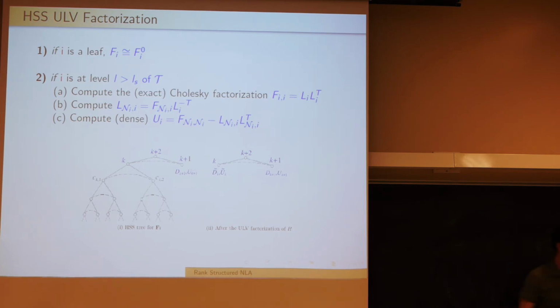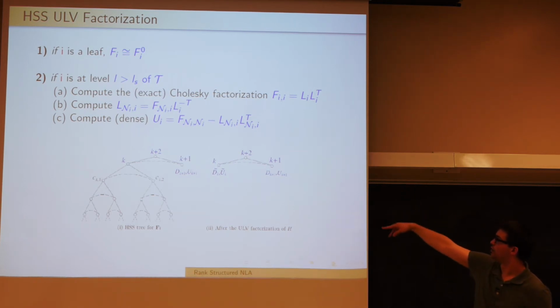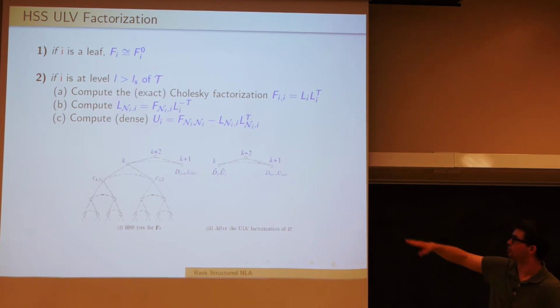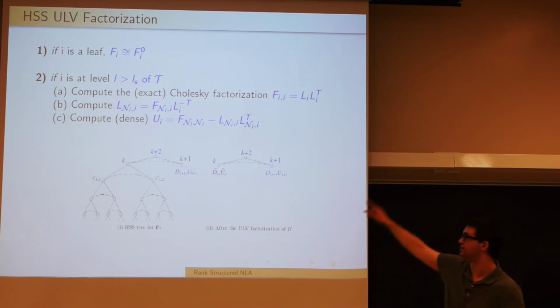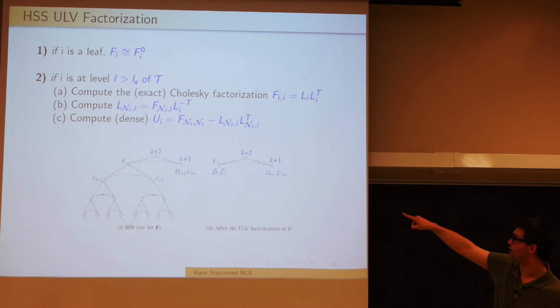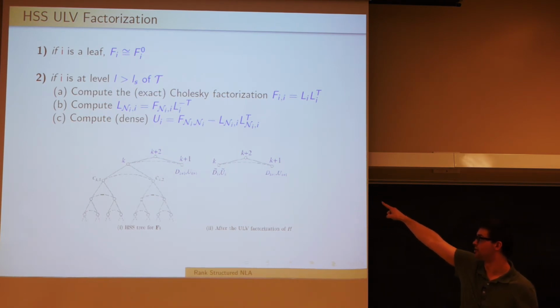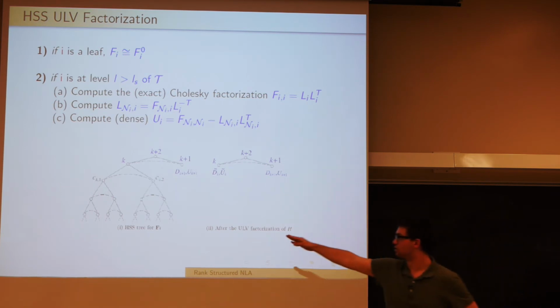Then we compute this for Cholesky, LL^T, as we're going across the levels. So here, this is where we're below the switching level, so everything is dense. And so our U_i matrix is going to be here. We just get the Schur complement through very dense computations. And we see what we're doing as we go across the tree.